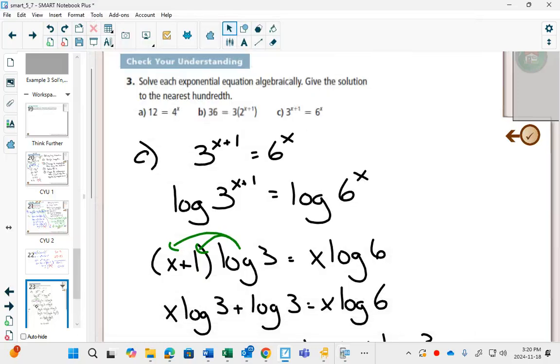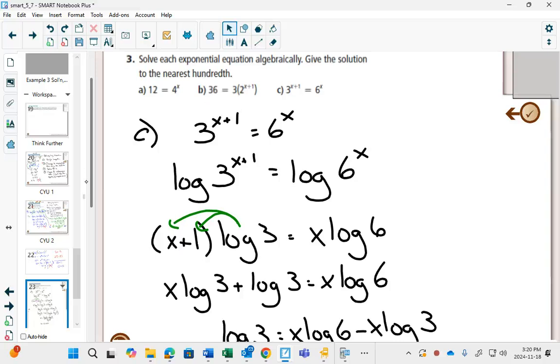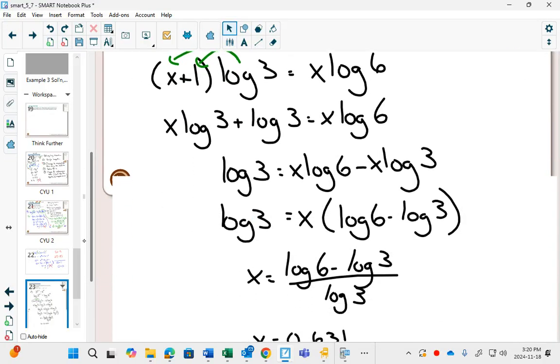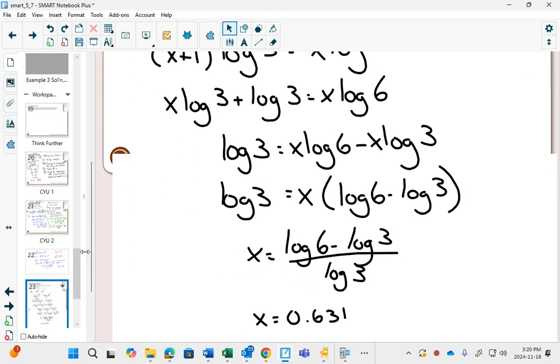So we go back. Where did we make our mistake? Where do you see? When you had x bracket log 6 minus log 3, you were supposed to divide log 3 by that, not that by log 3.